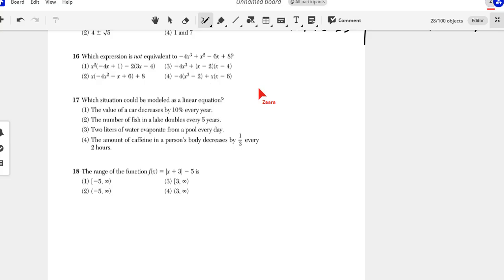Which expression is not equivalent to negative 4x cubed plus x squared minus x plus 8? For this one, I got number 2.